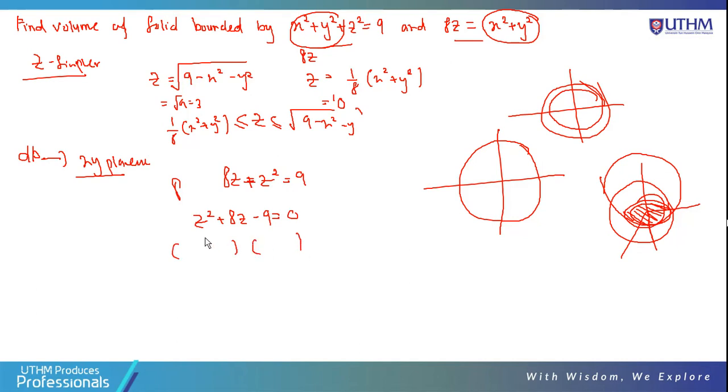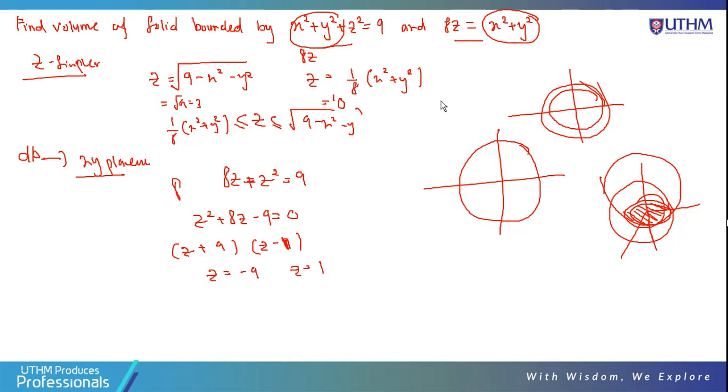Where is the intersection point? You can get z plus 9 and z minus 1, 9 times 1 is 9, right. So you can get z at the points negative 9 and z equal 1. Okay, so the intersection is at negative 9 and 1.